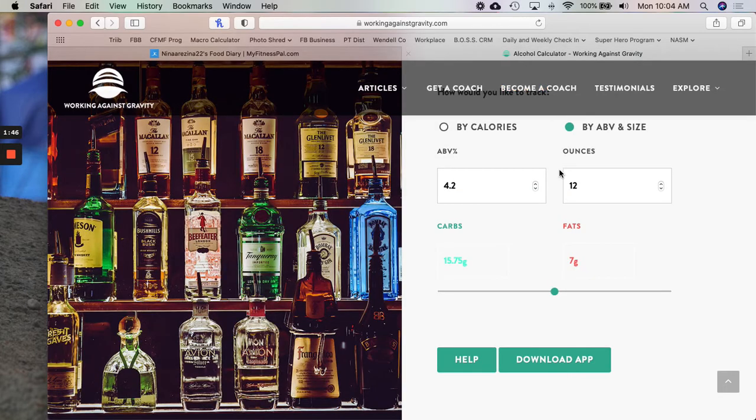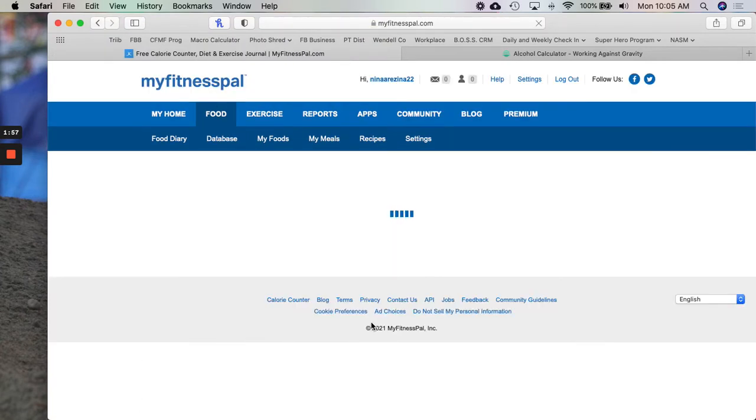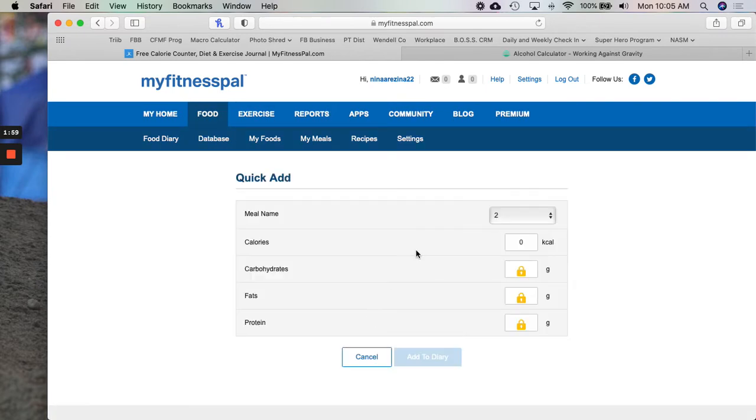However, we know that that's not the case because when you account for the alcohol, you have to subtract that from somewhere. Okay, so you can do a quick add, but I do not have the premium version of MyFitnessPal. If you do have the premium version, you can enter in manually the carbohydrates, the fats, and the protein.